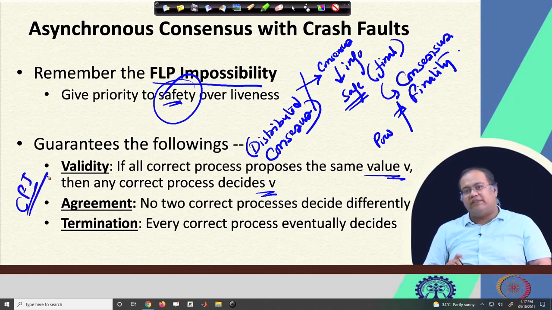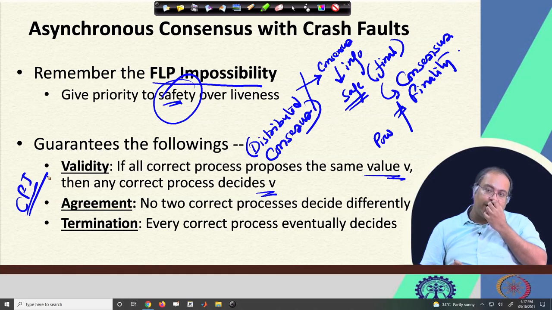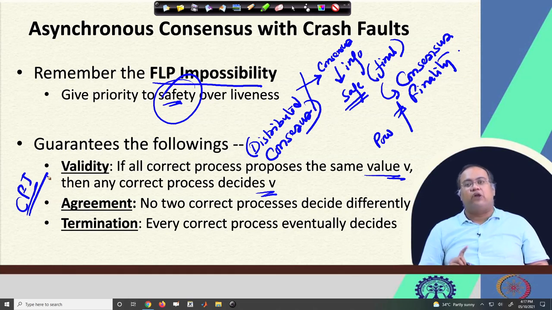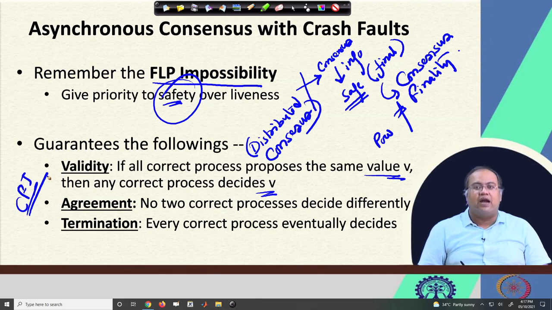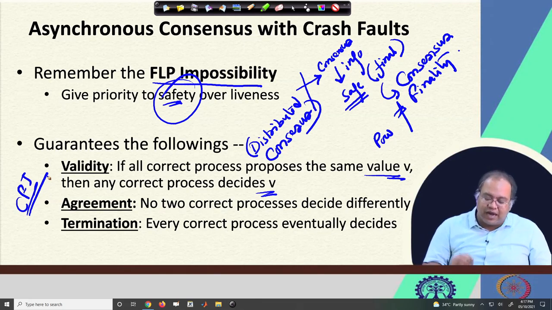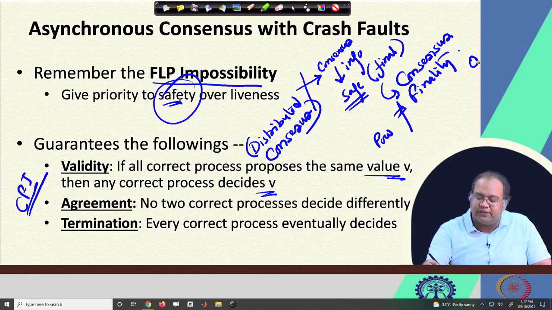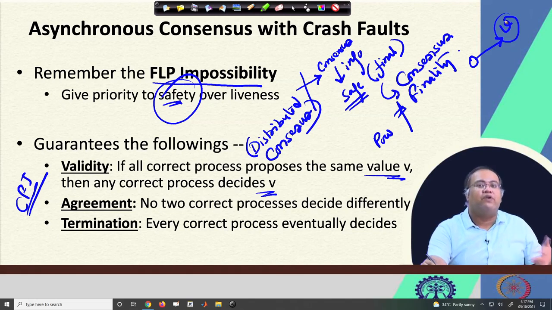A correct process means the process is running and has not crashed. So if a correct process proposes a certain value V, then all other correct processes will decide on V, because no one is going to say something wrongly; that is in the purview of Byzantine consensus, not CFT consensus.